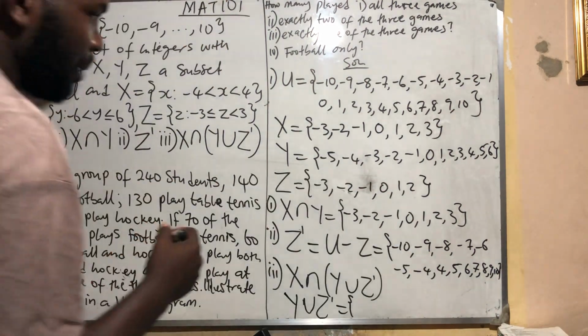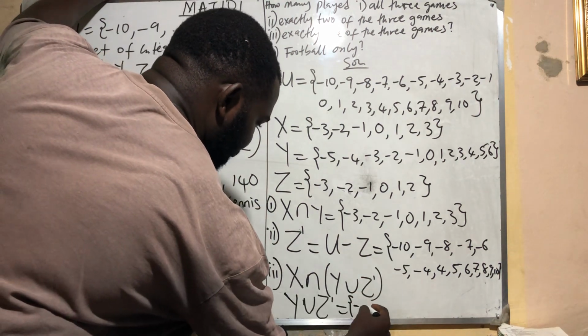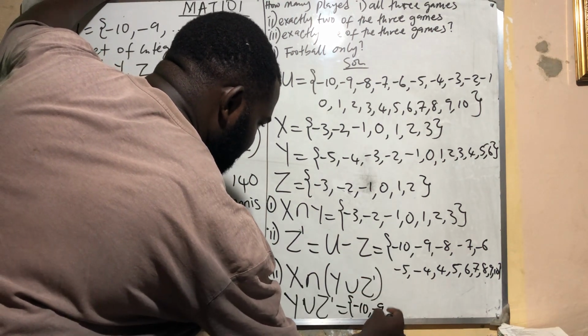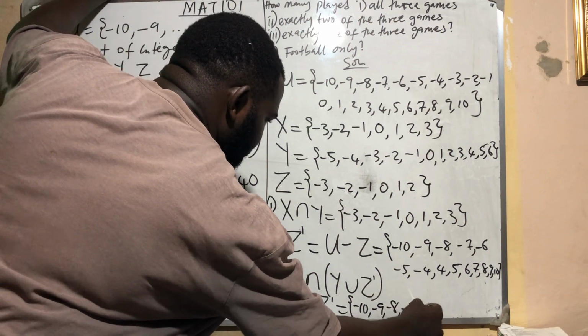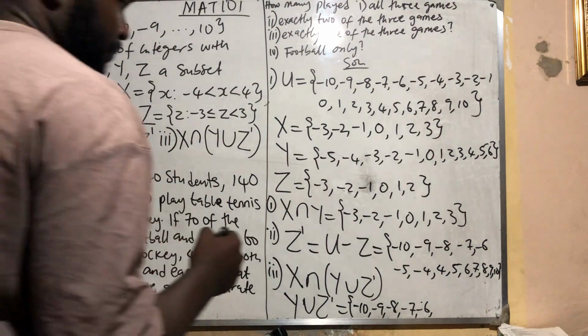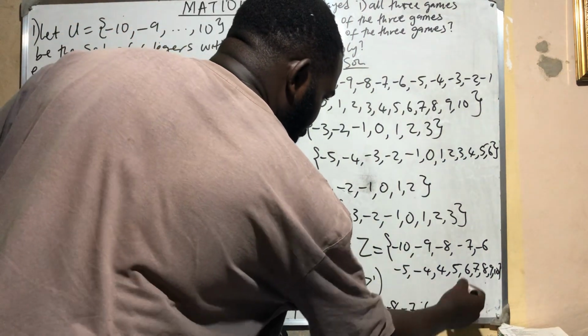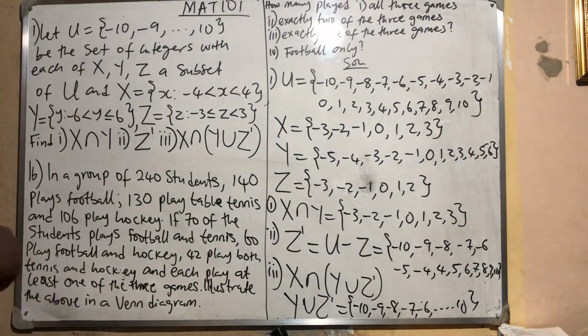If I unite them, I'm going to have this one start from -10. So I'll say -10, -9, -8, -7, -6, -5. It continues dot dot dot till it gets to 10.